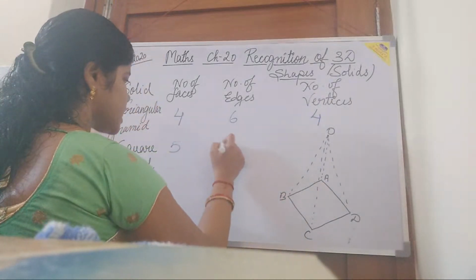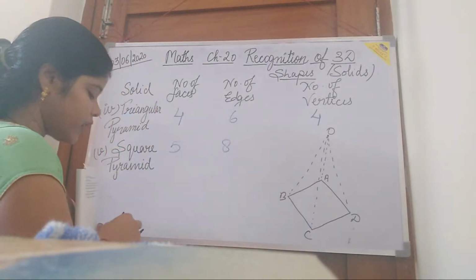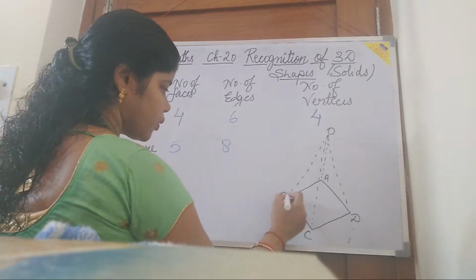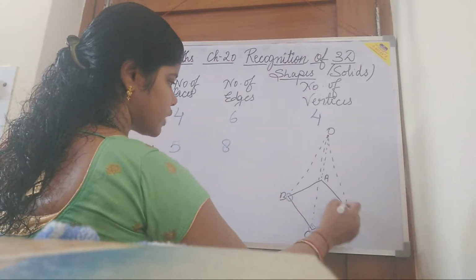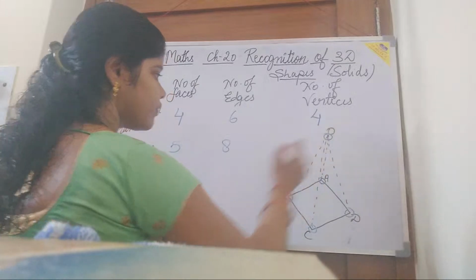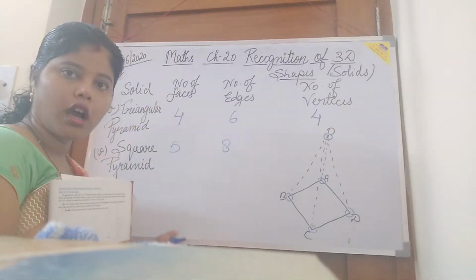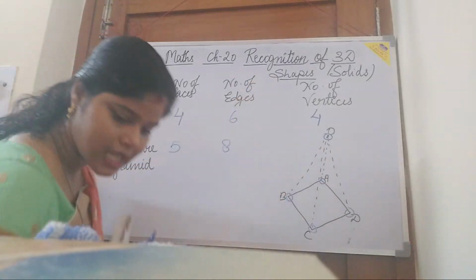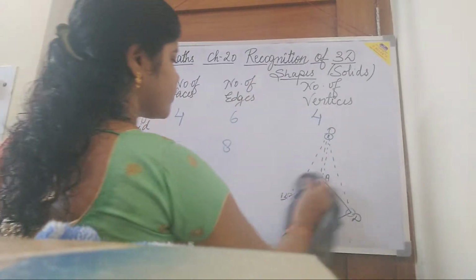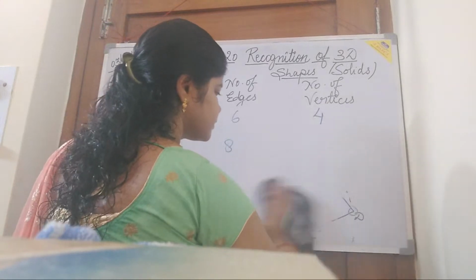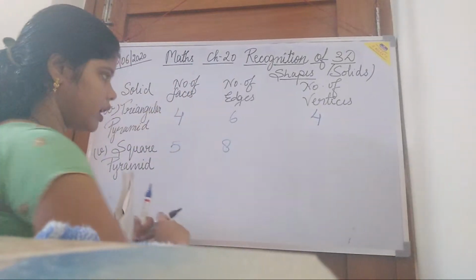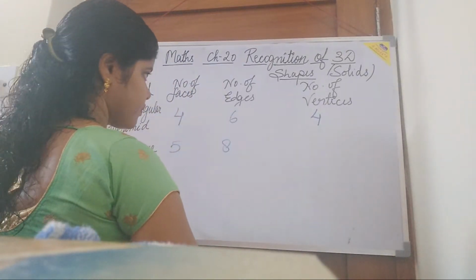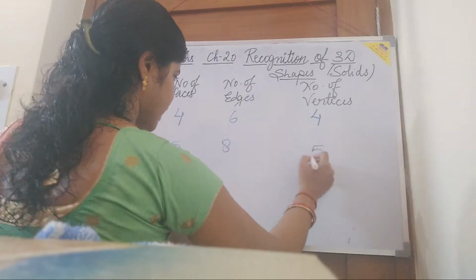So number of edges is 8. Now number of vertices, just count it. 1, 2, 3, 4 and 5. So how many corners do we have in this figure? 5. So number of vertices we can write as 5.